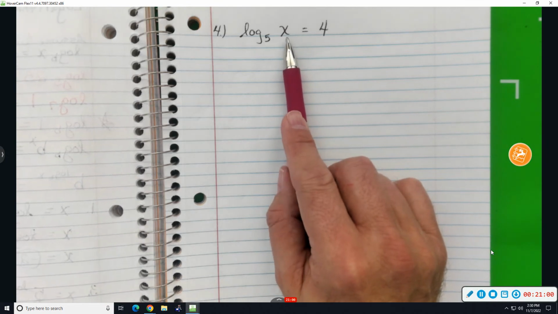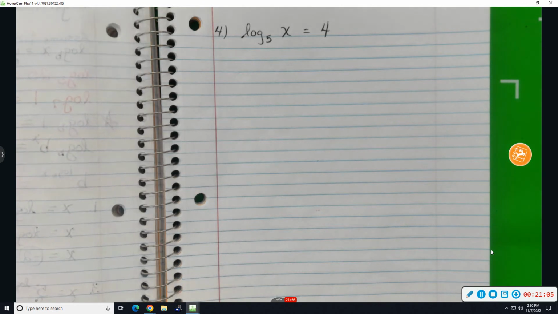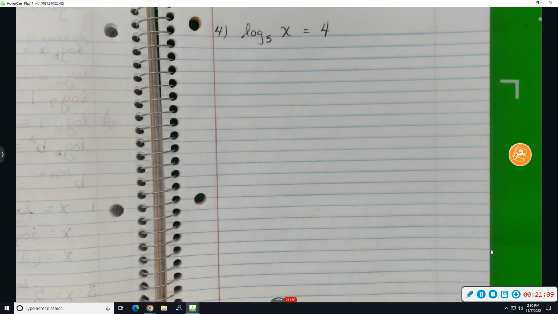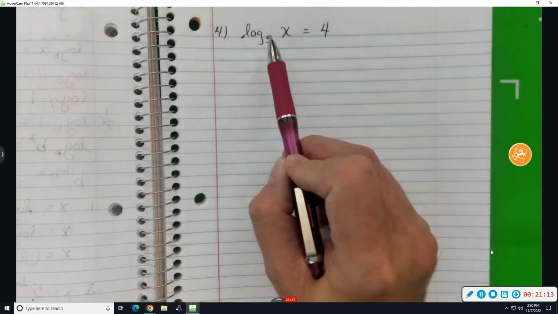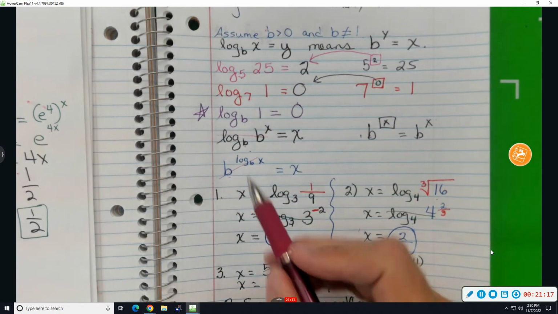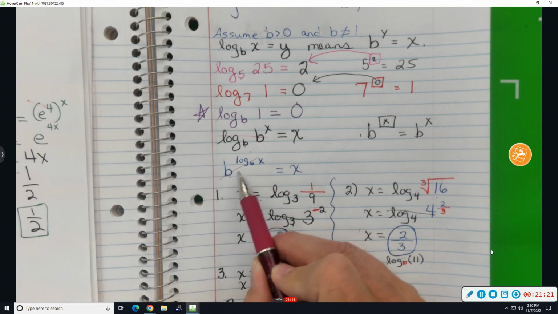Well, you can't just divide like you would if it were just a number. You can't divide both sides by log base 5. But what can we do to get this logarithm to cancel? Well, we have a rule about if you have the same small base and big base, they cancel each other out.